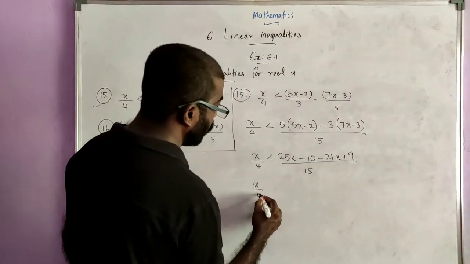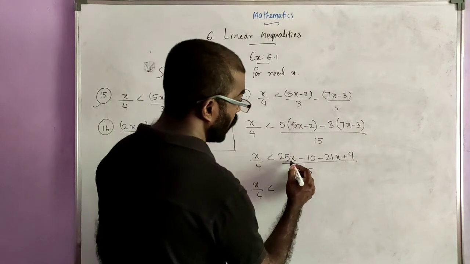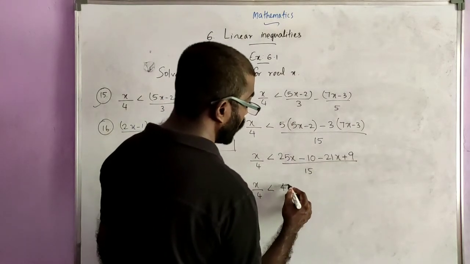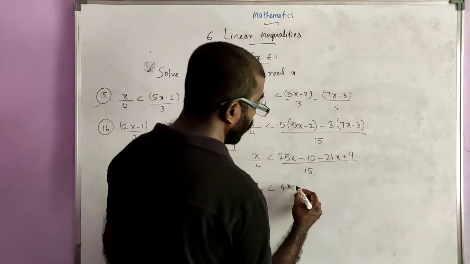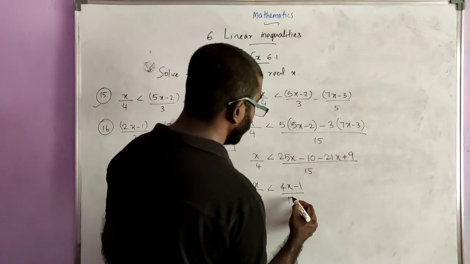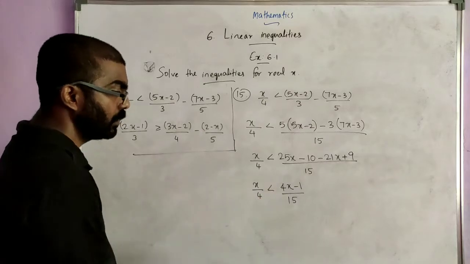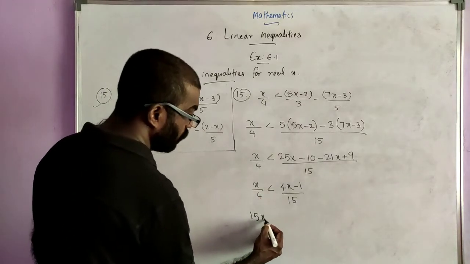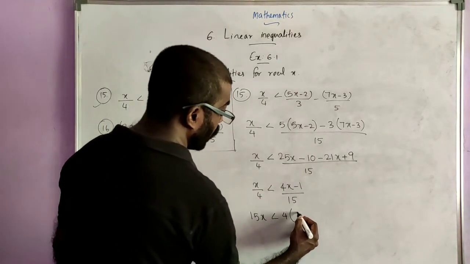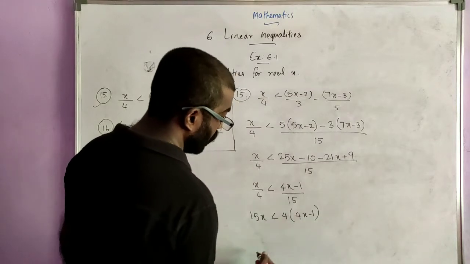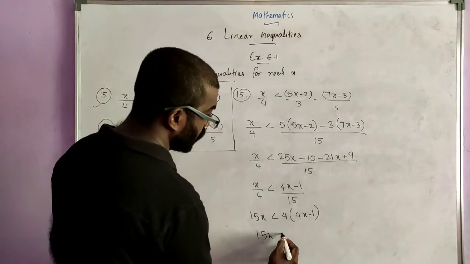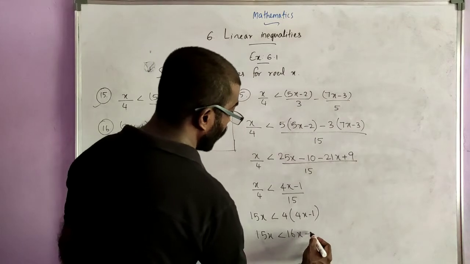That is x by 4 is less than 25x minus 21x, 4x, minus 10 plus 9, minus 1, divided by 15. And here we can cross multiply this 15 and 4. So 15 into x, 15x is less than 4 into (4x minus 1). That is 15x is less than 16x minus 4.